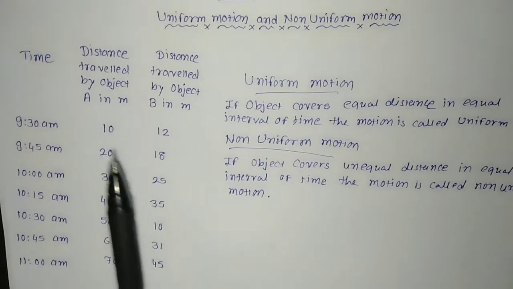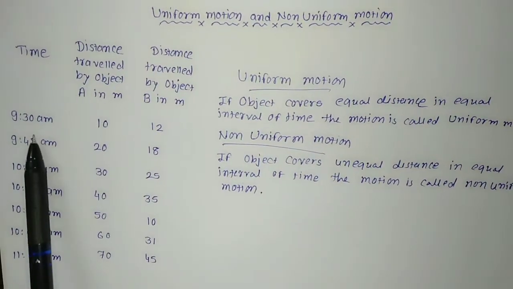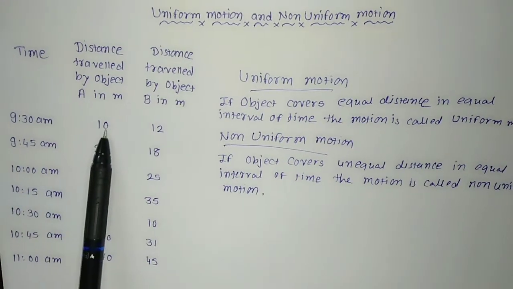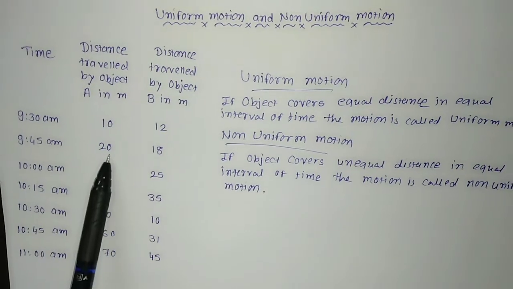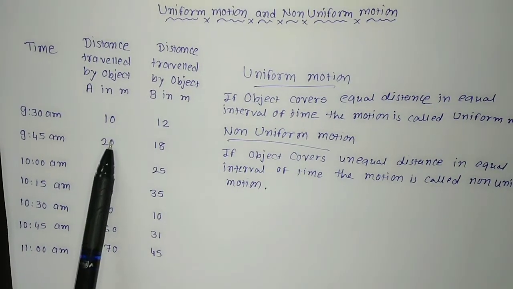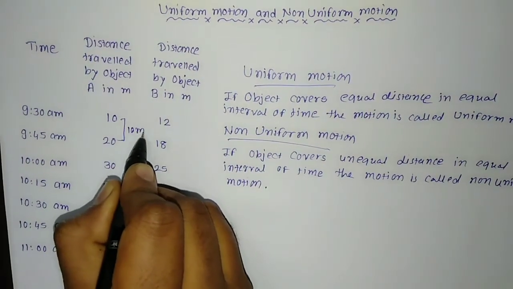Now we will see first object A. At 9:30 am the object is at 10 meter. At 9:45 am the object reaches 20 meter. That means the gap between these two is 10 meter. You can see 20 minus 10 is equal to 10 meter.